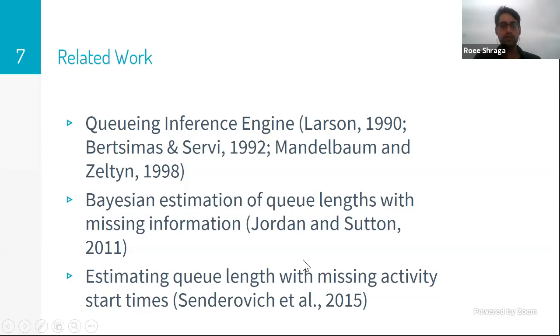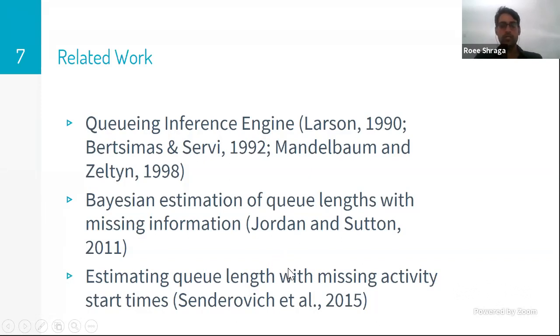Larson's approach and those who followed make multiple assumptions regarding the distribution of data, for example, Poisson arrivals. The work by Bertsimas made the approach more efficient in terms of computation, and Mandelbaum and Zeltyn proposed an extension of the QIE to networks of queues.